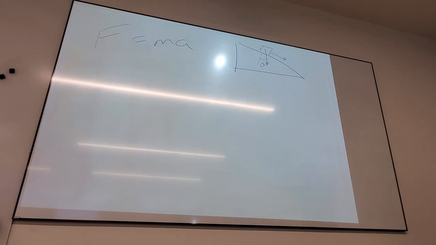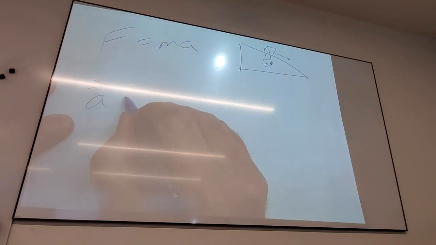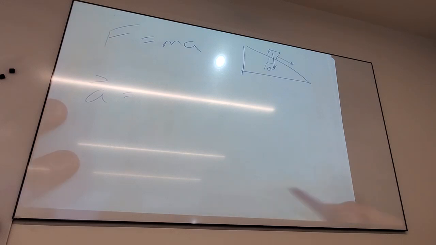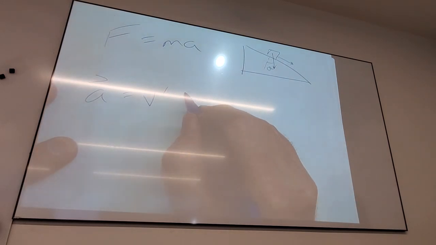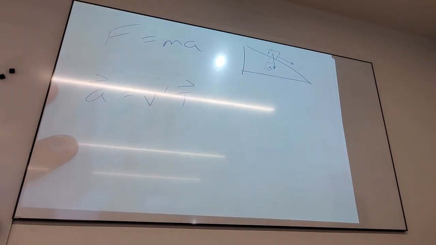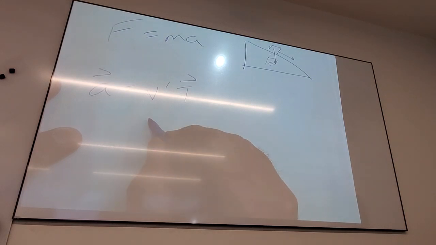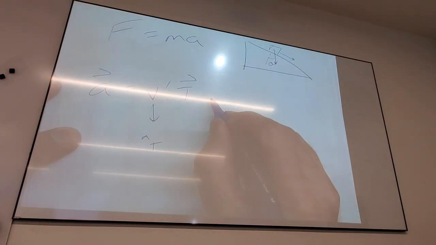I think one of the most important things it discusses, and I really don't want to run through the whole gamut, it takes the acceleration vector and it breaks it down into a tangential acceleration.